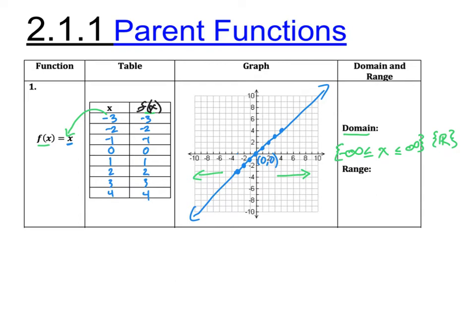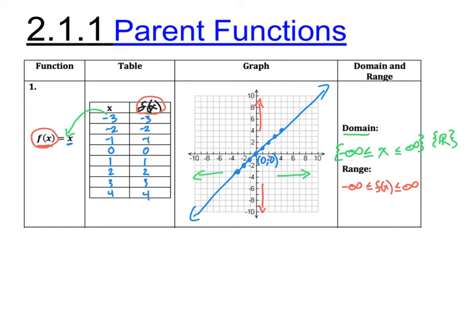And then when we go to range, same idea. How far up does it go? How far down does it go? It goes down to negative infinity, and the max value is positive infinity. But in this case, because the function uses f of x, like I made my mistake up here, I use f of x as my value.